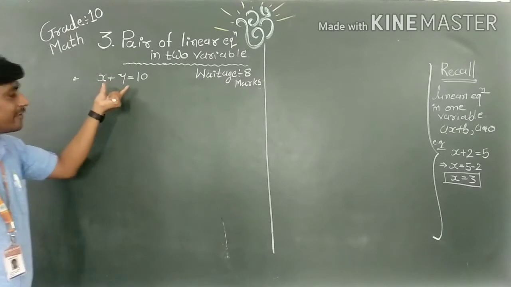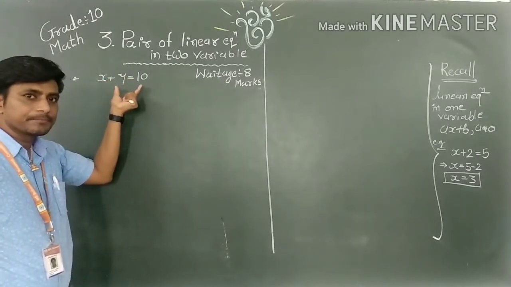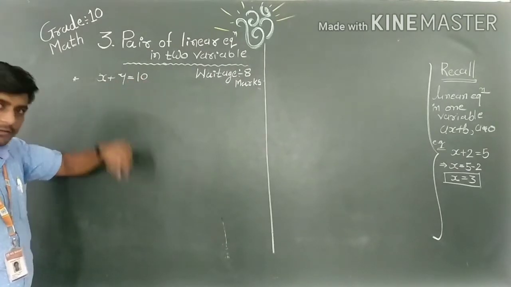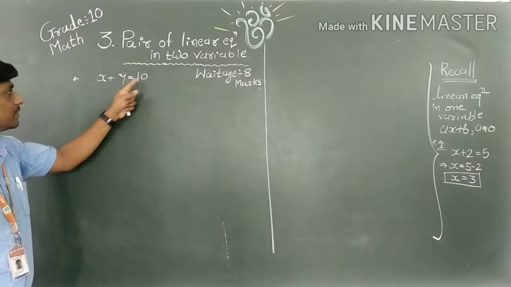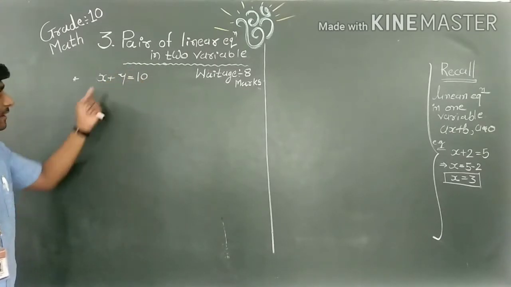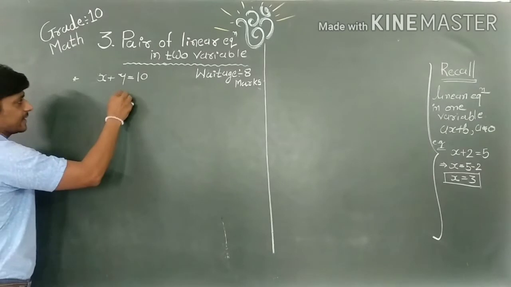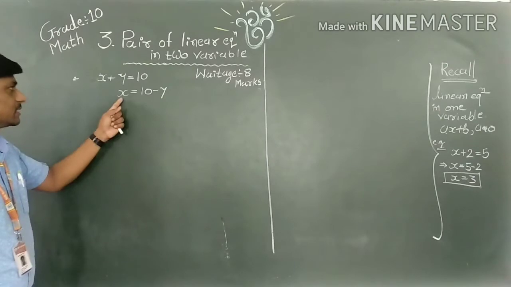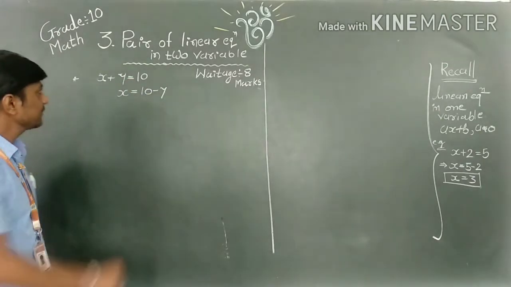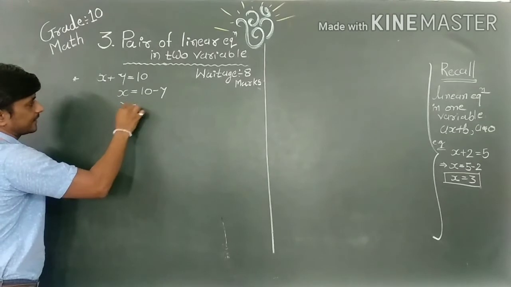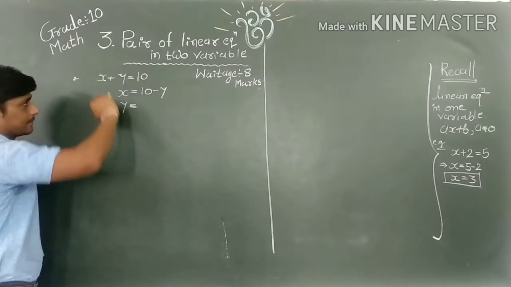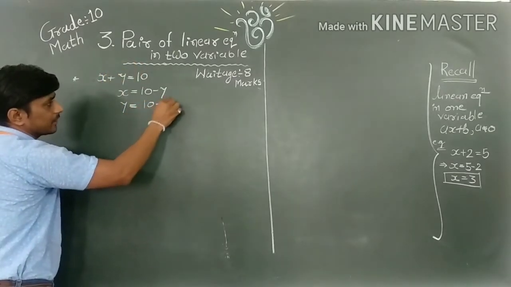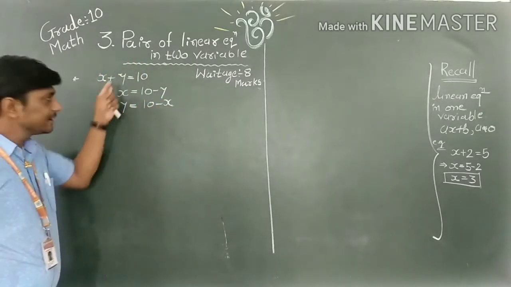Then how do we find the value of x and y? If we find x, x is equal to 10 minus y. If we find y, y is equal to 10 minus x, because x transposed to the other side becomes negative. We get the value of y, but in terms of x.